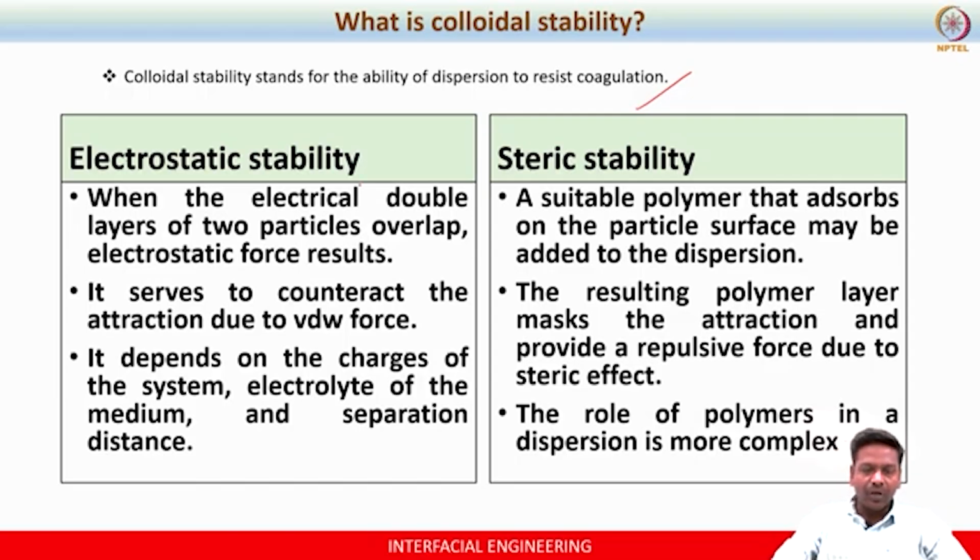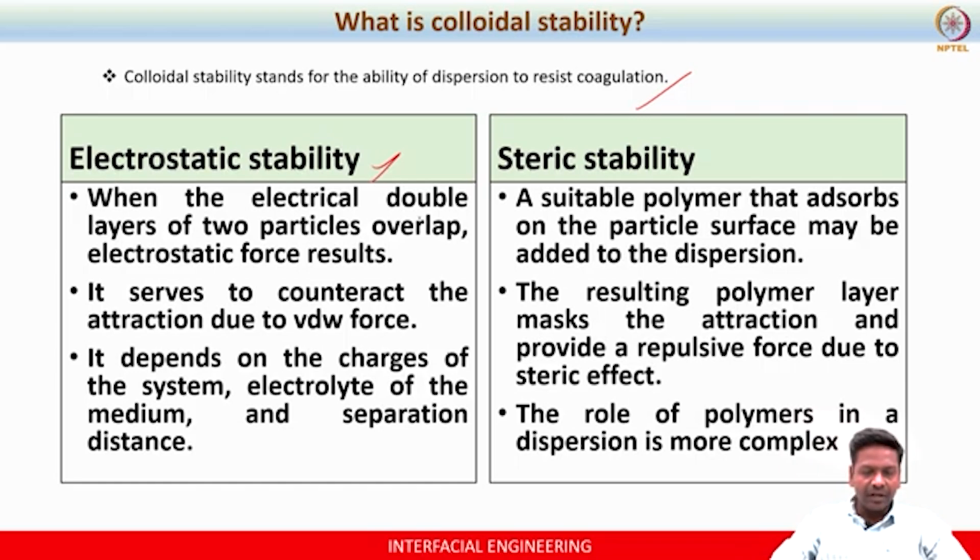One such force is the electrostatic repulsive force. This electrostatic repulsive force will help achieve the required stability. So it can overcome the aggregation caused by the van der Waals force of attraction.